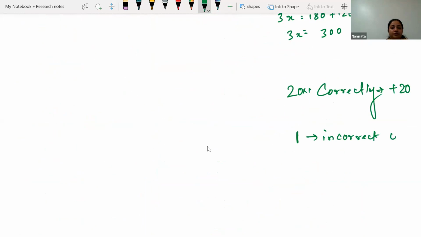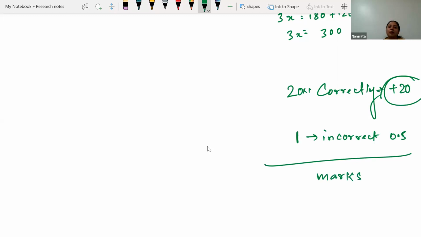Half means 0.5 marks I will lose. So from this 20 which I have achieved so far, they will take out 0.5 and the final marks on my mark sheet will reflect 20 minus 0.5, that means 19.5 marks I will get.